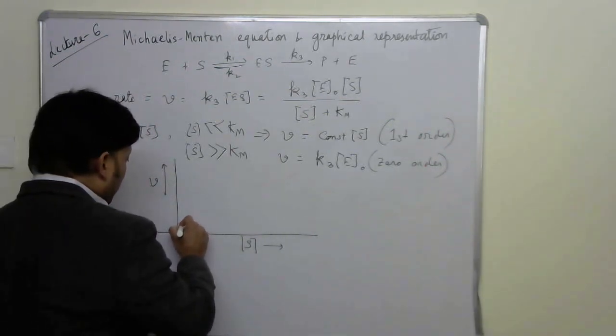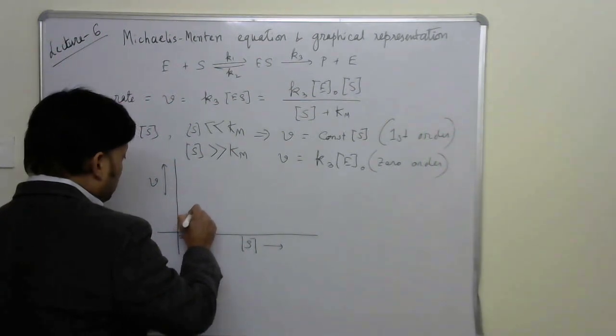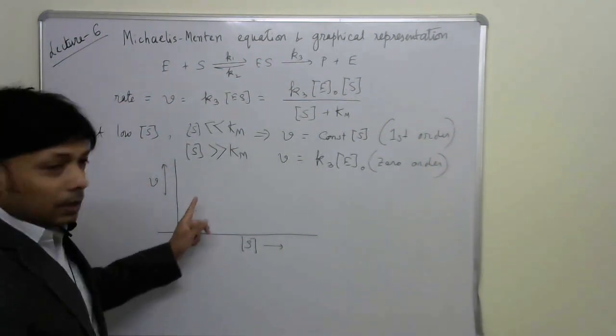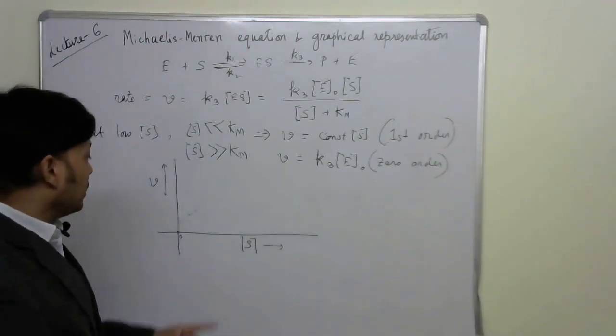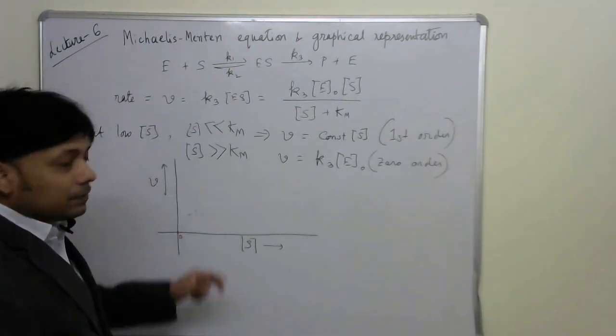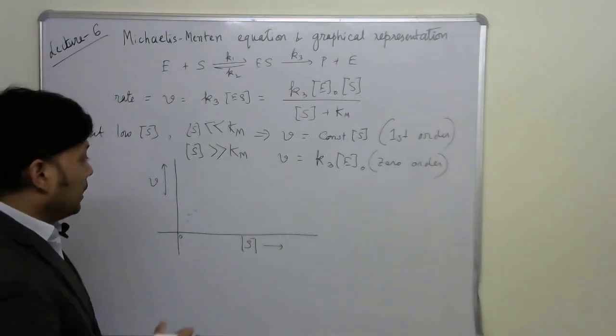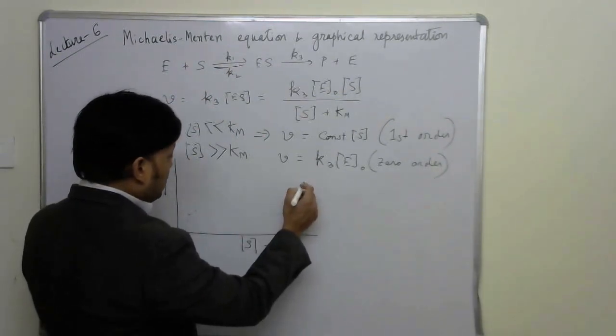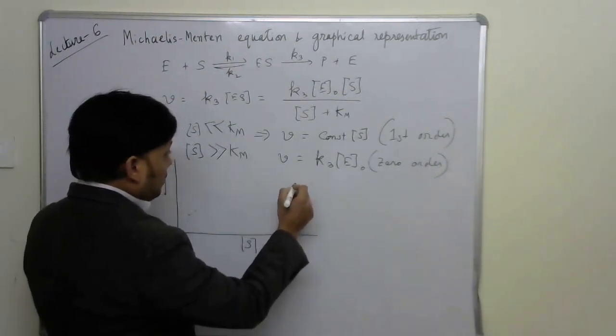So we would get the data points initially giving a straight line.